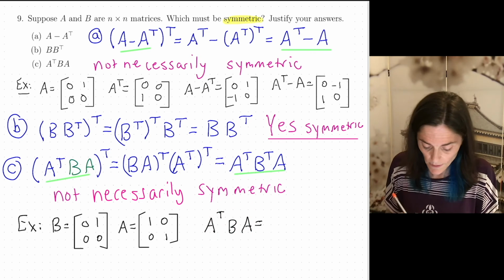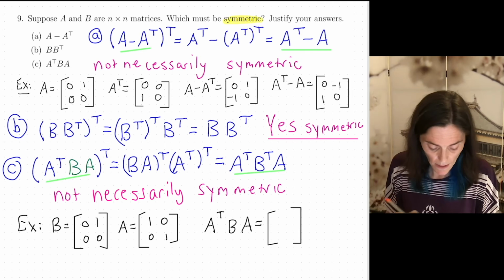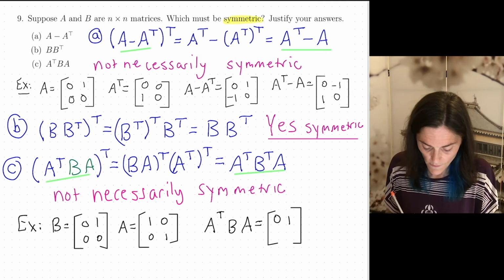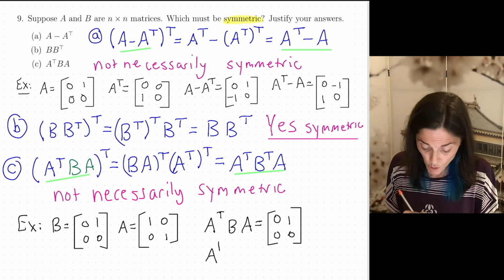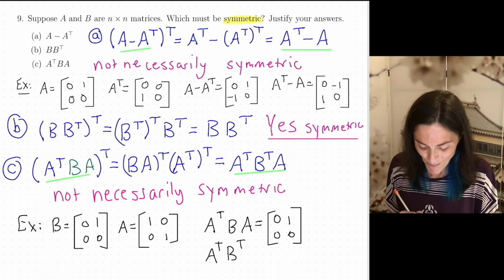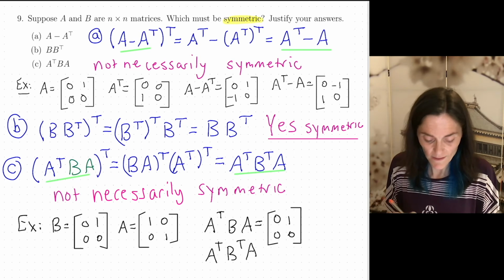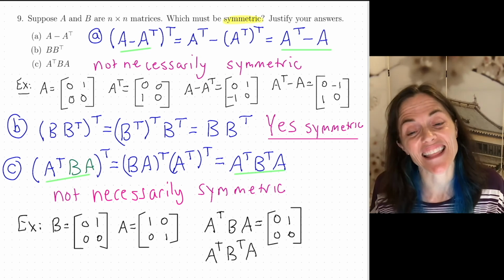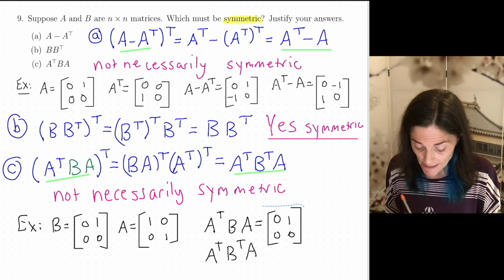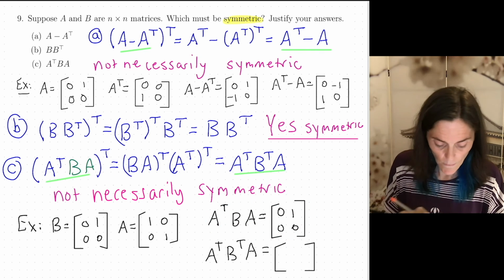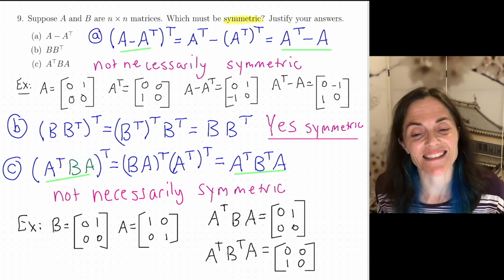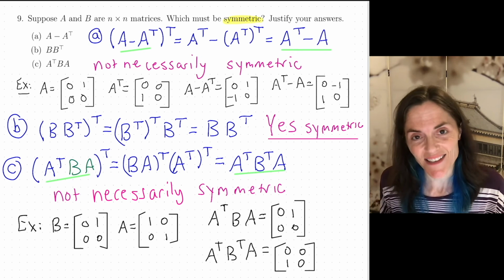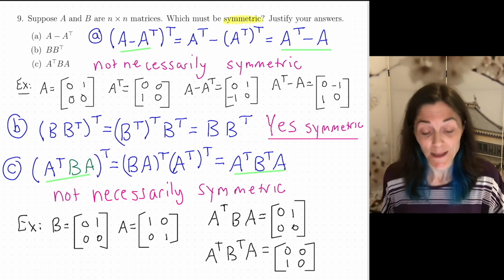This is just matrix B. On the other hand, A transpose B transpose A, well, again, I'm multiplying by the identity on each side. This is just B transpose. B transpose is here. Okay, and you see these are not equal. So this justifies number 9.